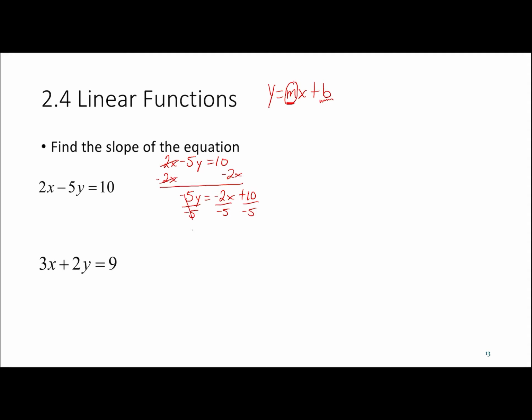And then we need to divide by negative 5. And we'll find out that y is equal to a positive 2/5 x. It is positive because of negative divided by negative. And then minus 2. And so the question is, well, what's our slope? Well, the slope of this one is this number with x, in this case, the 2/5.